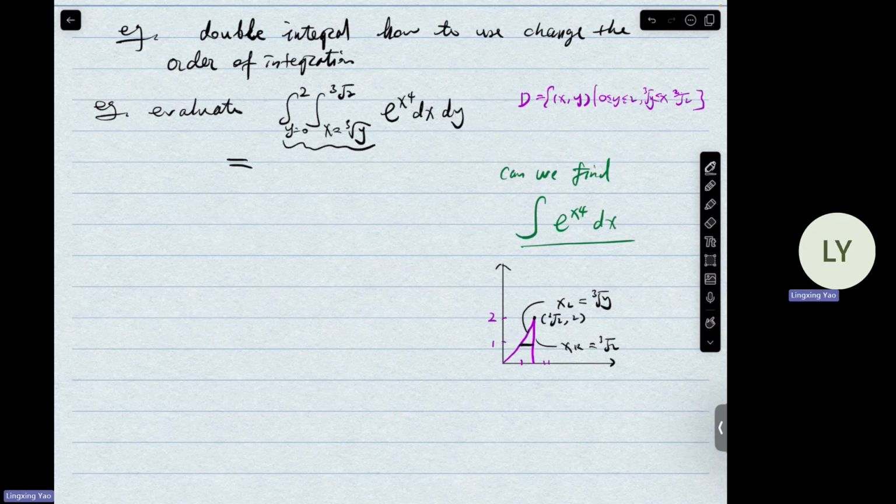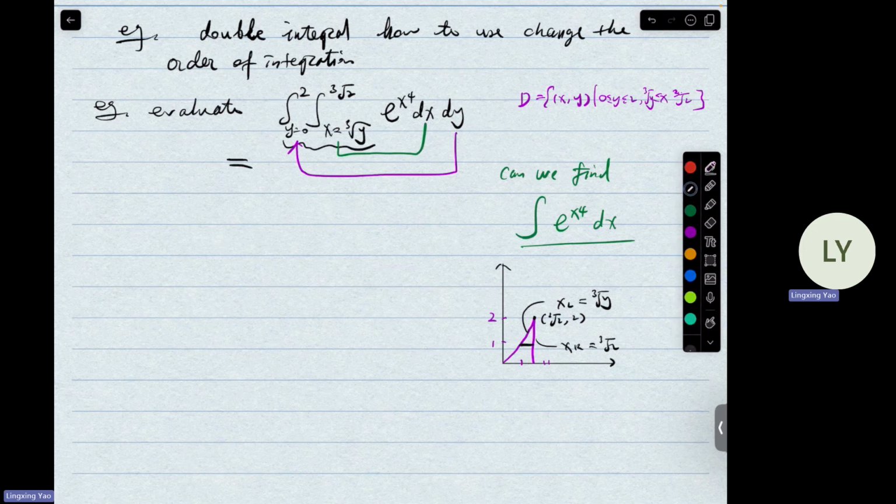Okay, so in the original double integral written as this iterated integral, we are integrating the x variable for the interior integral, and for the exterior integral, we're integrating the y variable.